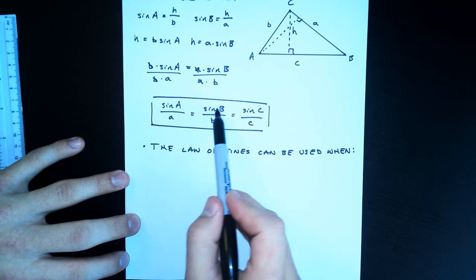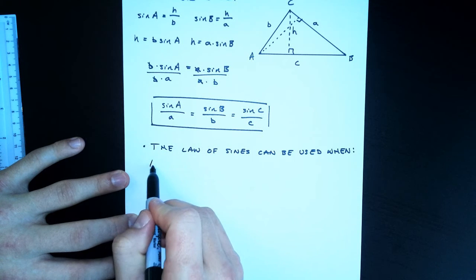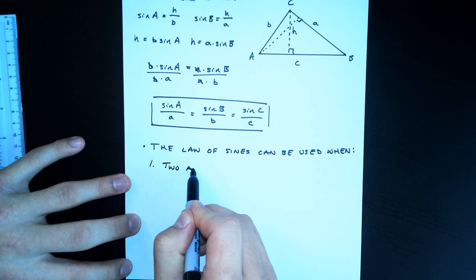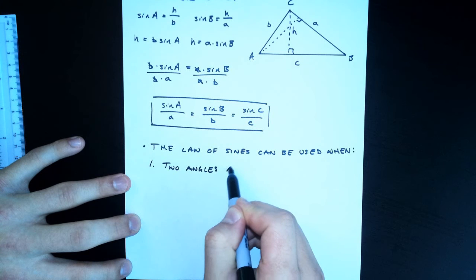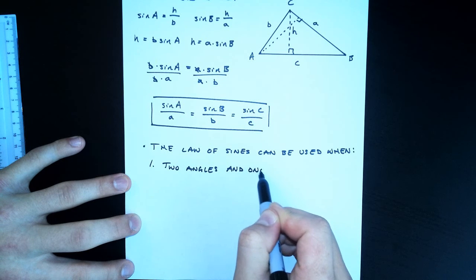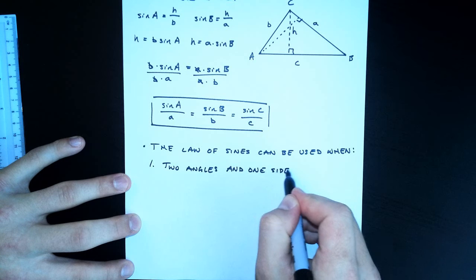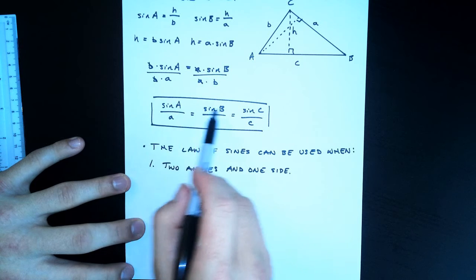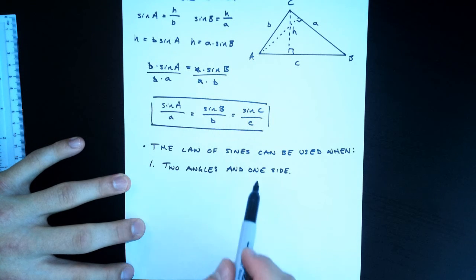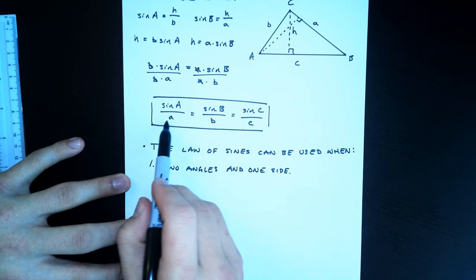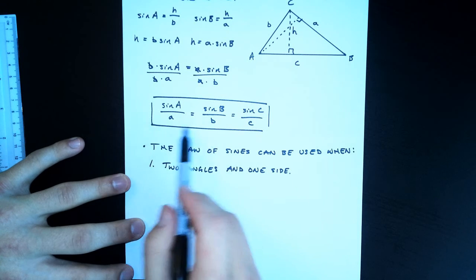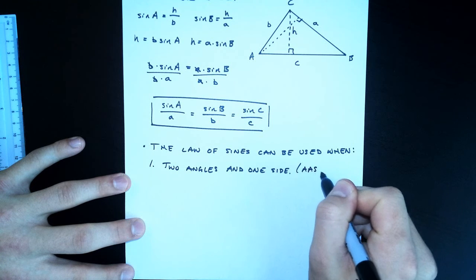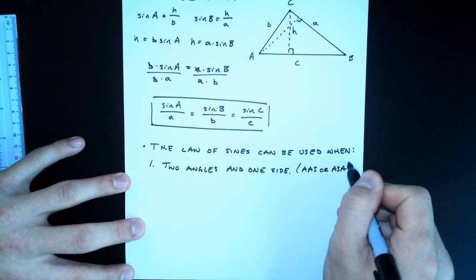So some combination of angles and side lengths. The first situation is if I know any two angles and one side. So any two angles, I can get my A and B, and then one of the sides, I would know one of the side lengths down here, and we can use the law of sines to solve for that last one. These are basically your angle, angle, side, or angle, side, angle cases.